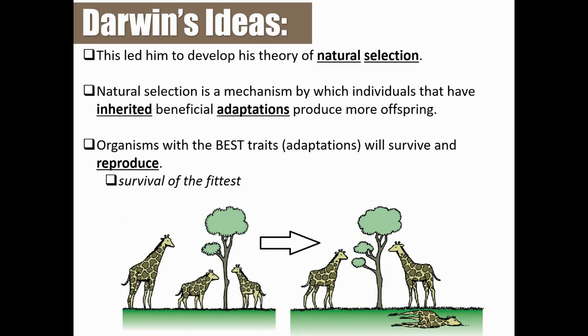So natural selection is just a mechanism by which individuals that have inherited beneficial adaptations survive and then produce more offspring with those adaptations. So basically, organisms with the best traits or adaptations will survive and, of course, reproduce. And we call this survival of the fittest.